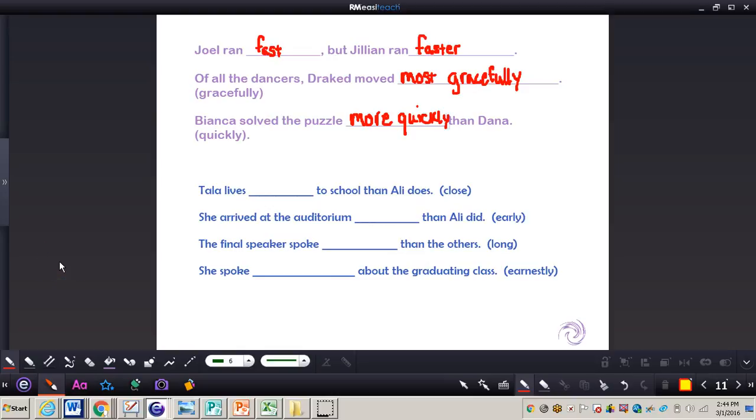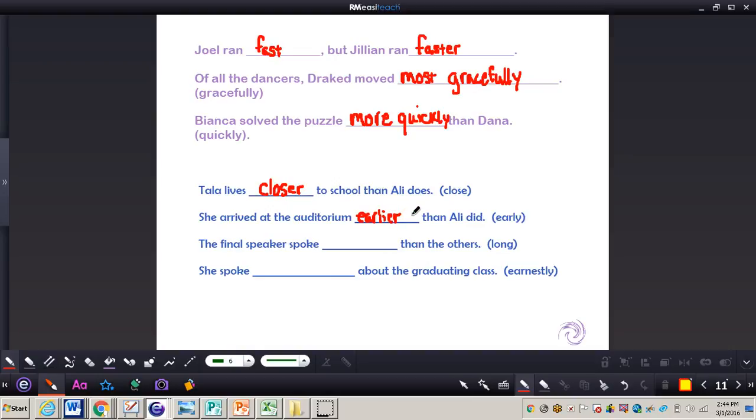Now let's take a look at these other sentences here. It says, Talia lives closer to school than Allie does. So closer is modifying lives, and also it's a comparative, so we just add ER at the end. She arrived at the auditorium earlier than Allie did.